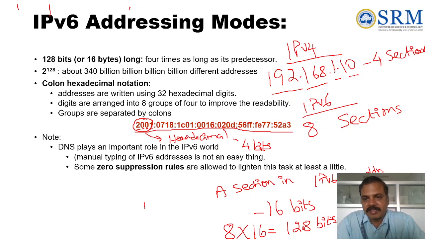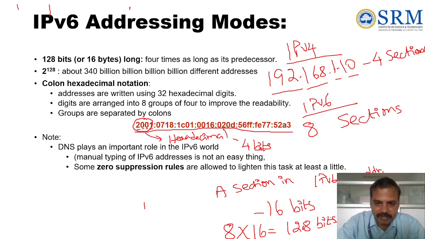Then we have seen the addressing mode. In IPv4 we have 4 sections, in IPv6 we have 8 sections. IPv4 addresses are normally represented as decimal numbers, while in IPv6 notation we follow hexadecimal numbers.